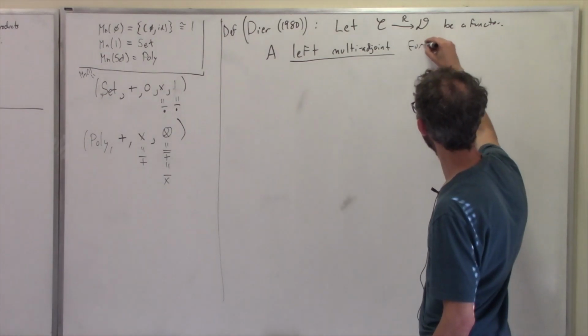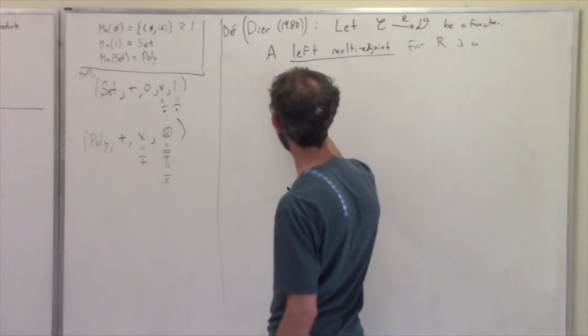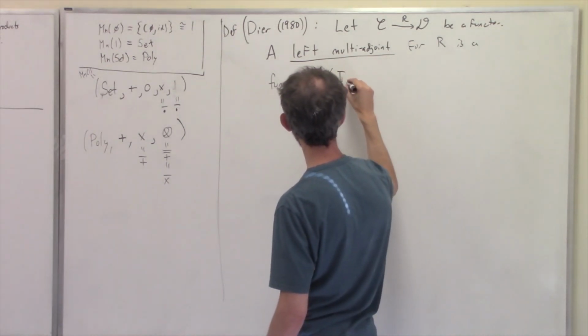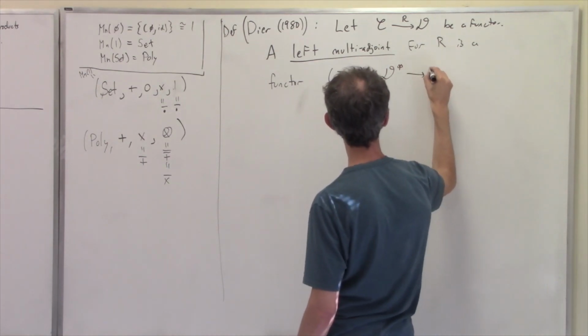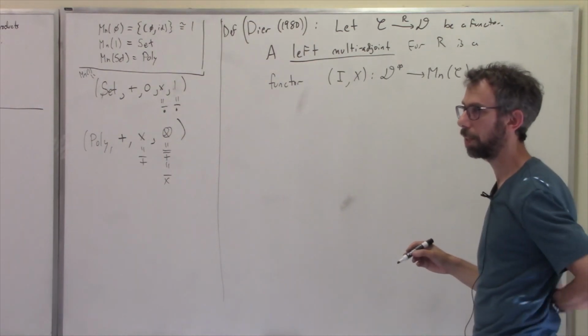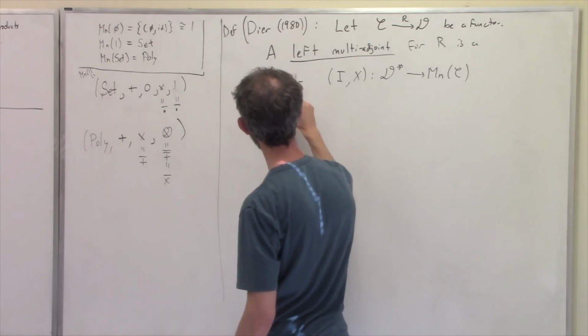R is, but I'll phrase it in the terminology of this talk, a functor from D op to menu of C. They wouldn't phrase it this way, but now that we have this notation, it's convenient, such that there is an isomorphism.